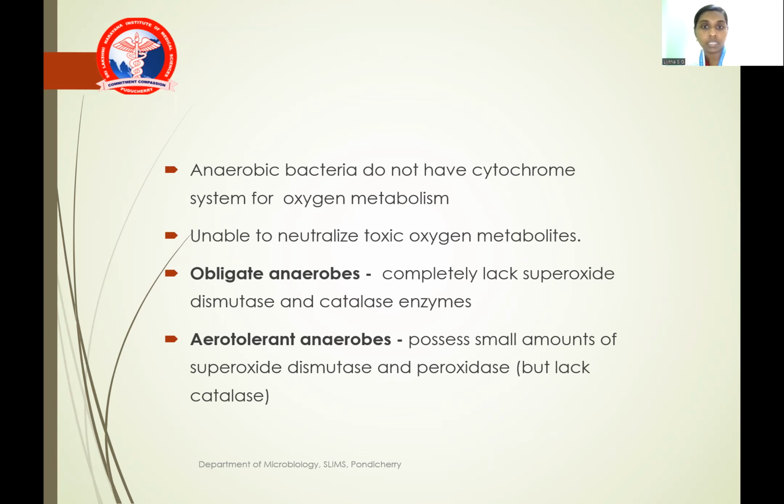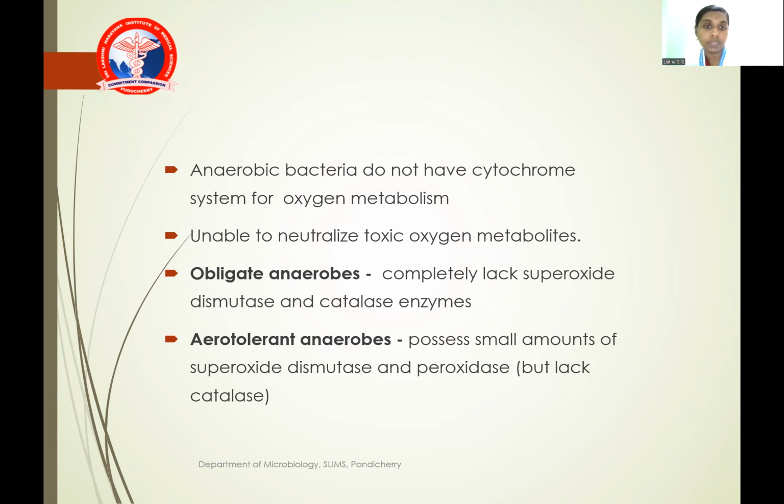So the toxic metabolites are usually hydrogen peroxide. Like that, several toxic metabolites will be there, and it will be broken down to water, nascent oxygen. So these enzymes neutralize the toxic oxygen metabolites. These enzymes are absent or present only in smaller amounts in anaerobic bacteria.